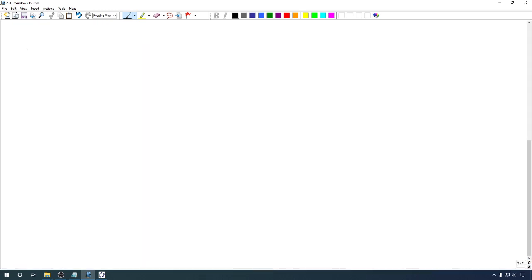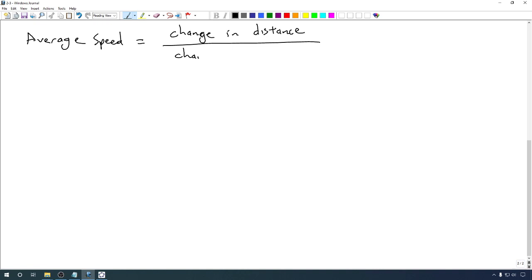In other words, we can write that out as average speed is our change in distance divided by a change in time. You might think of speed as distance over time, but keep in mind that if we're using different points along this path, then we want to actually specify that we can change which interval we're working with.